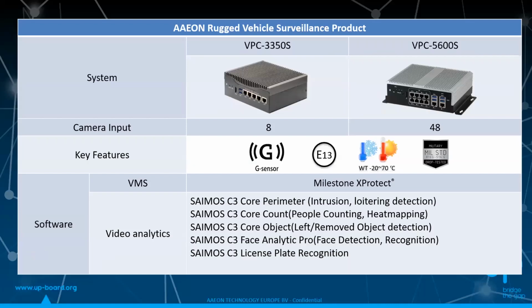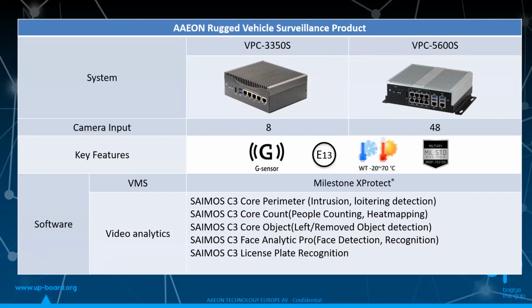Second, we are going to talk about Aaeon's rugged vehicle surveillance products. By rugged and vehicle, I mean that these products pass the military standard drop test and have a wide temperature range, not to mention the E13 vehicle certificate and the G sensor validation required for vehicle usage. For the VPC3350S, its camera input is 8.